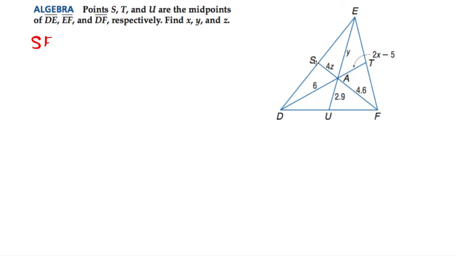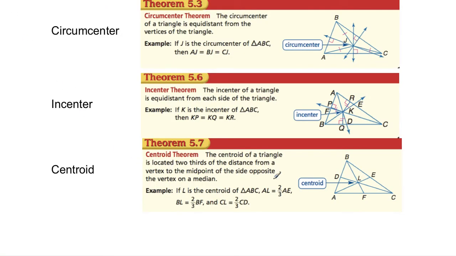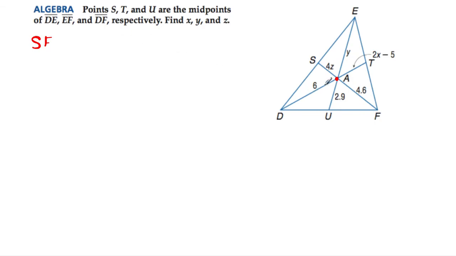So if we see lines going from a midpoint to the opposite vertex, we know it's going to be a median, and the intersection of all 3 medians is the centroid. So this point right here is a centroid.